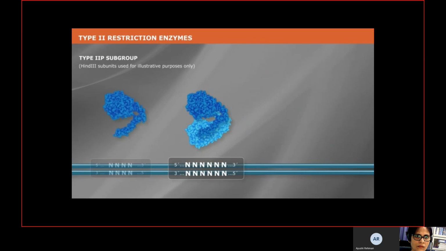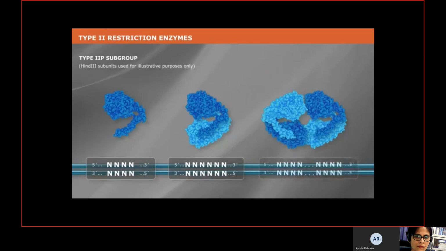The subunit composition of type 2P enzymes depends on the length of the enzyme's recognition sequence. Enzymes that recognize short, 4 base pair sequences act as monomers, comprising single protein chains, while enzymes that recognize longer, 6 to 8 base pair sequences typically act as homodimers, comprising 2 identical protein chains.